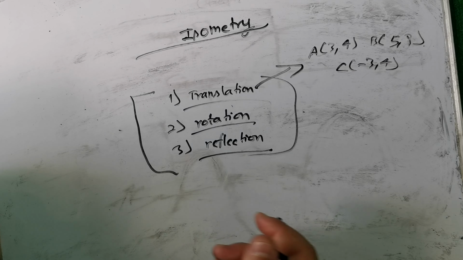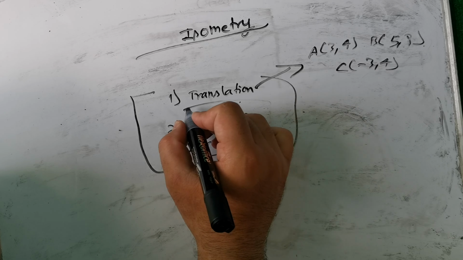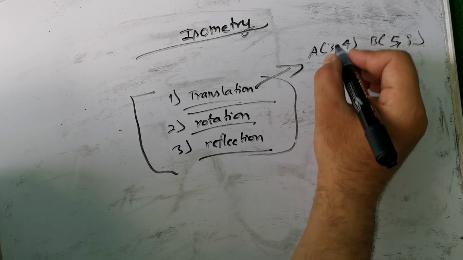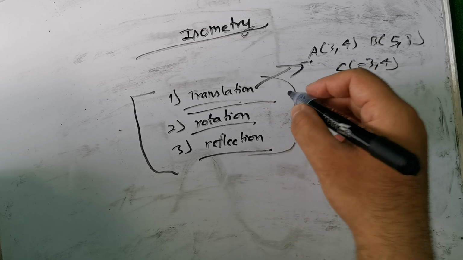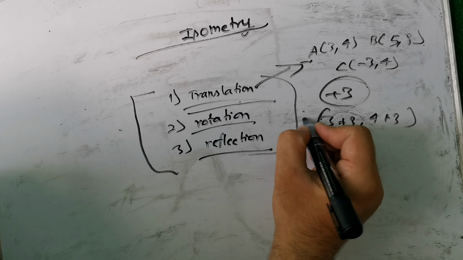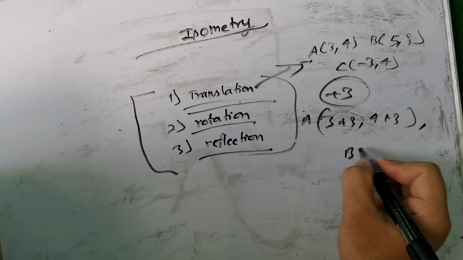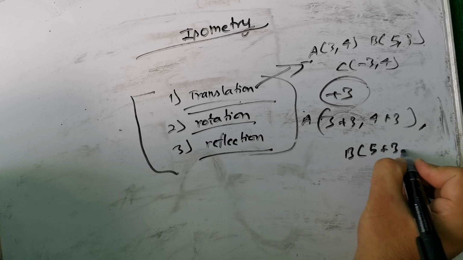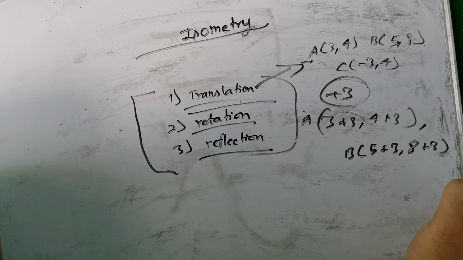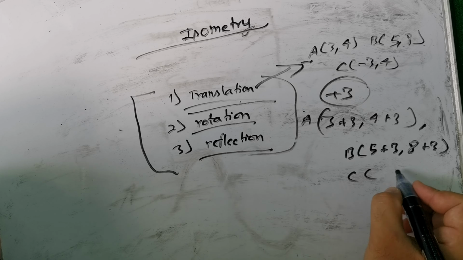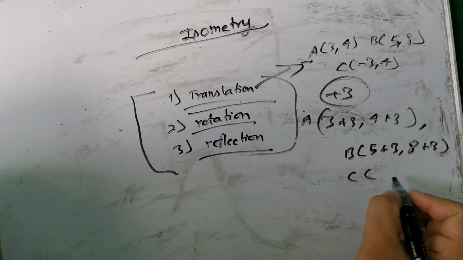That means if we have to translate from this point to another point, suppose +3, we have to add 3 here: 3 plus 3, 4 plus 3 for a; 5 plus 3, 8 plus 3 for b; -3 plus 3, 4 plus 3 for c.